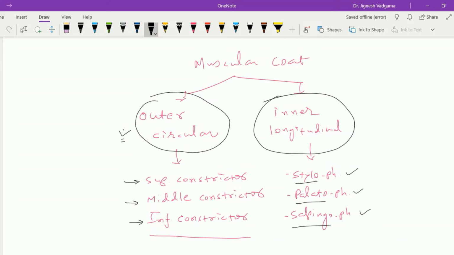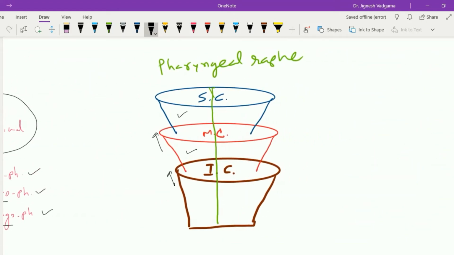When we see the outer circular layer of the pharynx, we find the arrangement like this. Here, this is the superior constrictor muscle, this is the middle constrictor muscle, and this is the inferior constrictor muscle. These three constrictors overlap each other from below. So the inferior constrictor muscle overlaps the middle constrictor muscle, and the middle constrictor muscle overlaps the superior constrictor muscle.